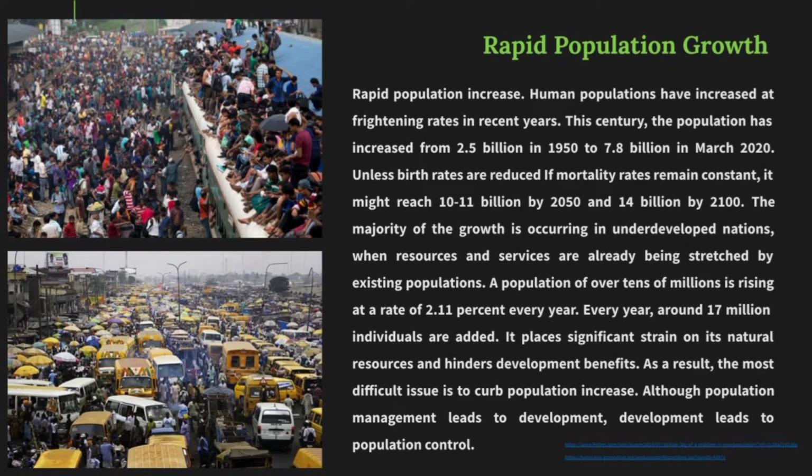The majority of growth is occurring in underdeveloped nations, where resources and services are already being stretched by the existing population. A population of over tens of millions is rising at a rate of 2.11% every year.